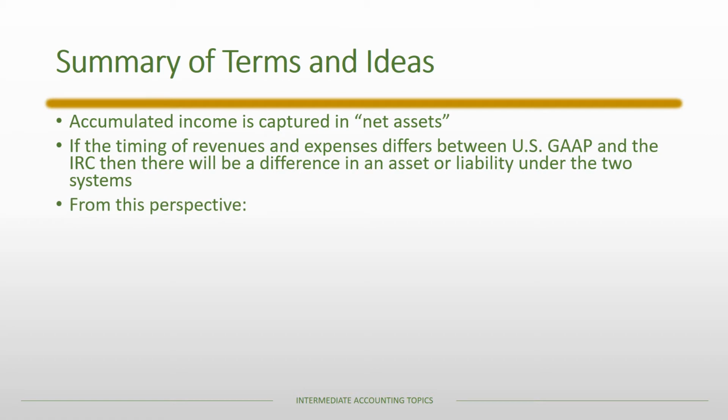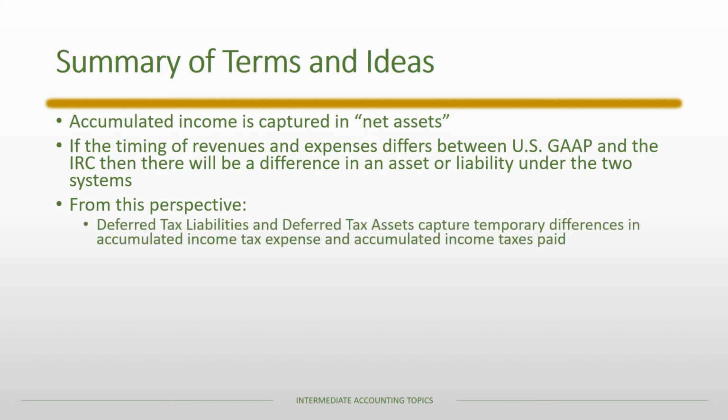All right, so let's walk through a way that we can connect these ideas, and, of course, the way that we've tried to approach accounting for deferred tax assets and deferred tax liabilities. Fundamentally, deferred tax liabilities and deferred tax assets capture temporary differences in accumulated income tax expense and accumulated income taxes paid.